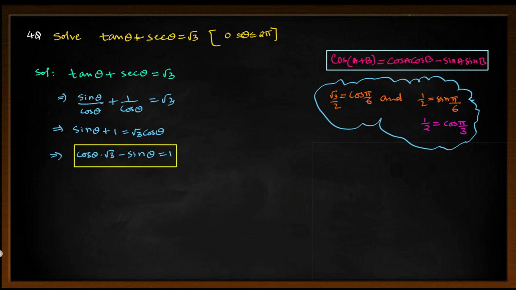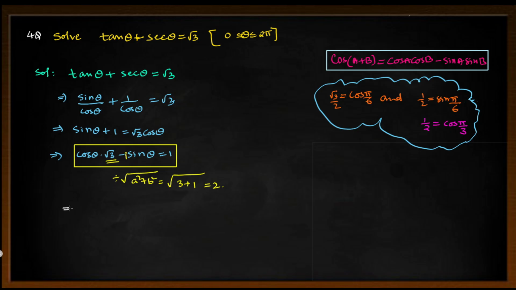Here the rule is to divide the whole equation by root over a square plus b square. a is root 3, and the coefficient of sin is minus 1. Root 3 square is 3, minus 1 whole square is 1, 3 plus 1 is 4, and root 4 is 2. So we divide the whole equation by 2.